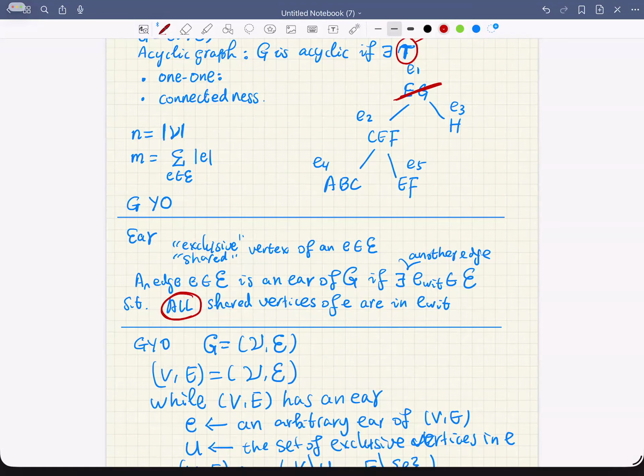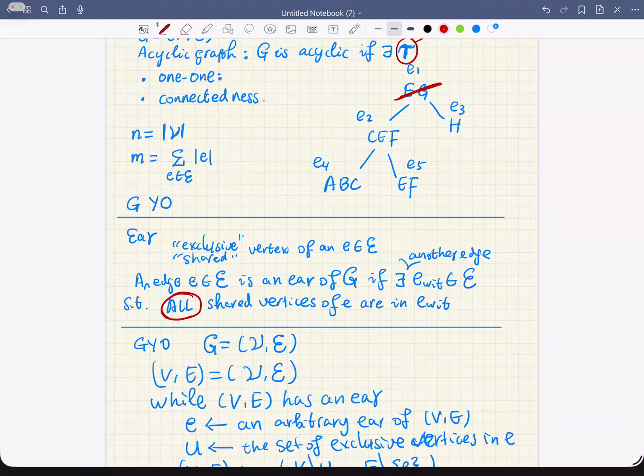So now the graph has four edges left. You want to see if you have another ear. Do you have another ear? Well, at least we have E3. How about CEF? Is CEF an ear of the current graph? The current graph has four hyperedges only. CEF is not an ear.